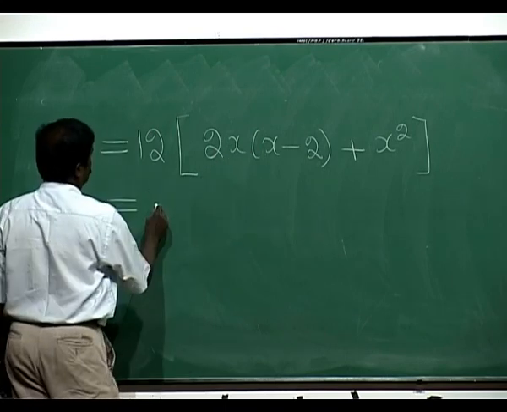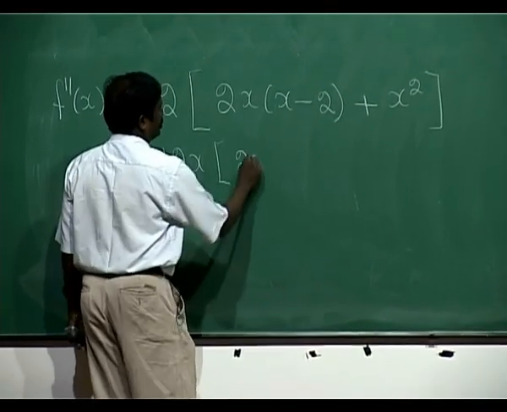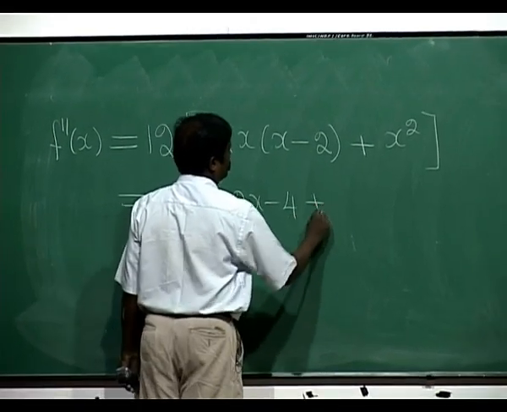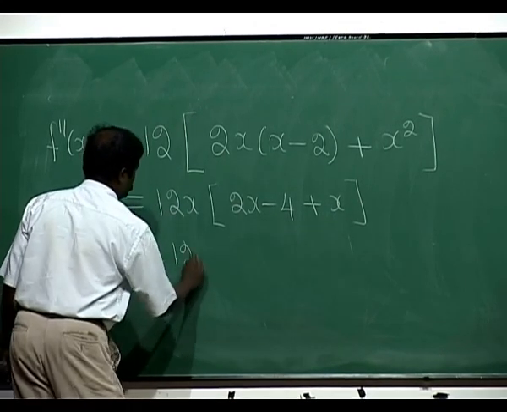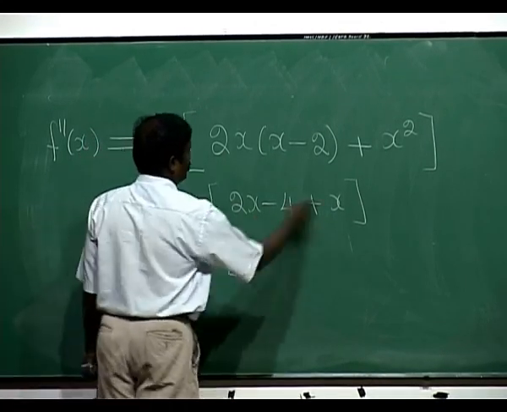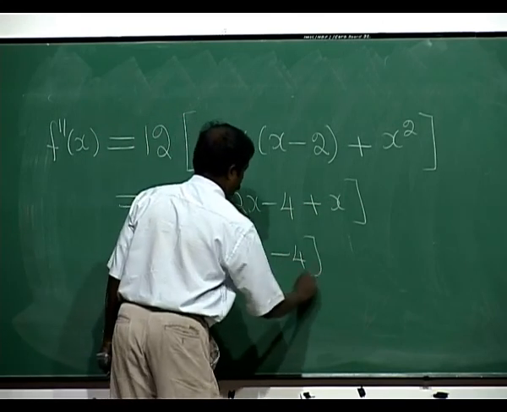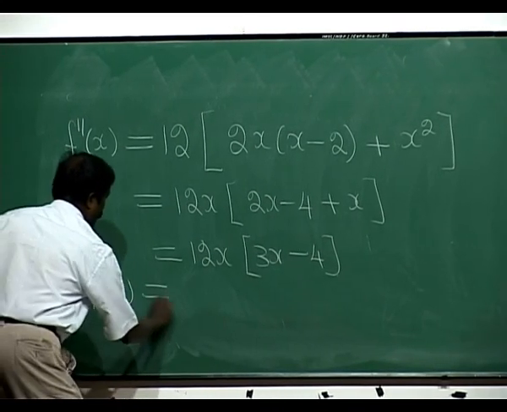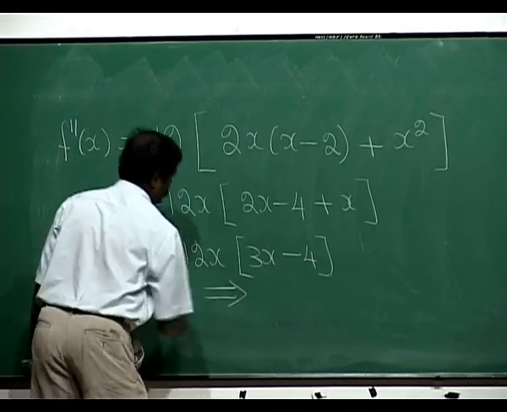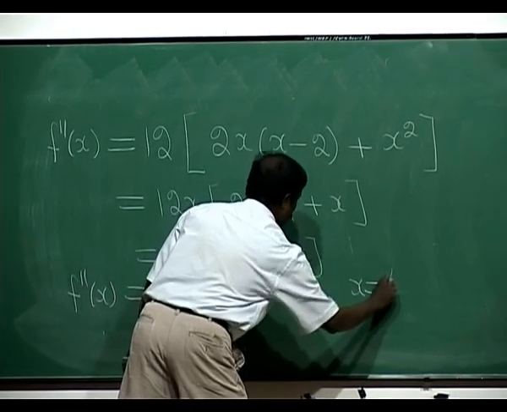We can factor x out, 12x times 2x minus 4 plus x. So this is equal to 12x times 3x minus 4. So f double dash of x equal to 0 gives us x equal to 0, x equal to 4/3.